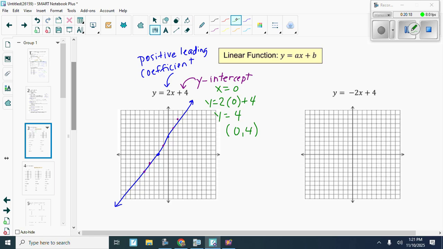Okay. So if you're feeling confident, go ahead and draw in the one right beside it. The only difference with the one beside it is it has a negative leading coefficient. And let's see what a negative leading coefficient does.